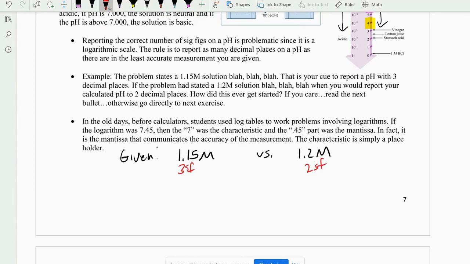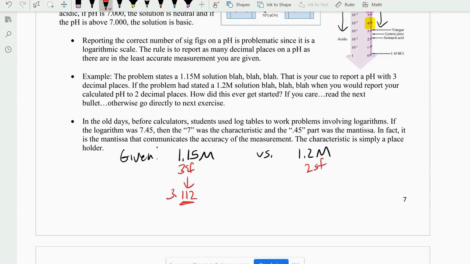Well, when you're dealing with pH, let's go back to the first one. Since this value here is 3 sig figs, you would need to report your pH to 3 decimal places. Okay, so I'm just going to give an example. Okay, that pH is going to 3 decimal places.